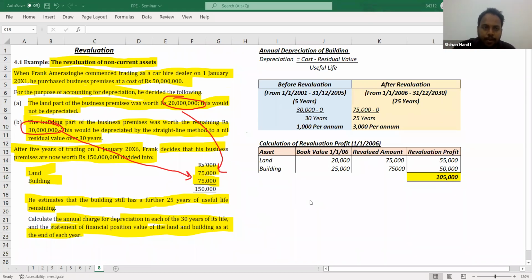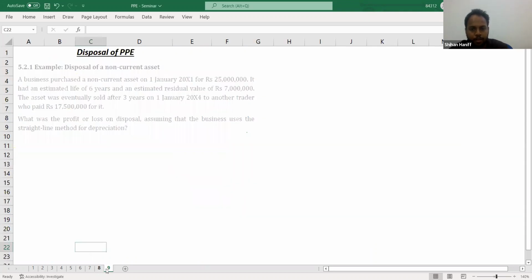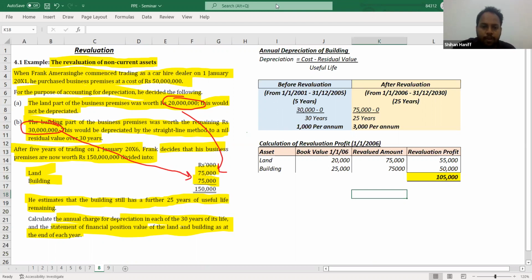This is what you need to understand in revaluation. Next, we will do disposal.